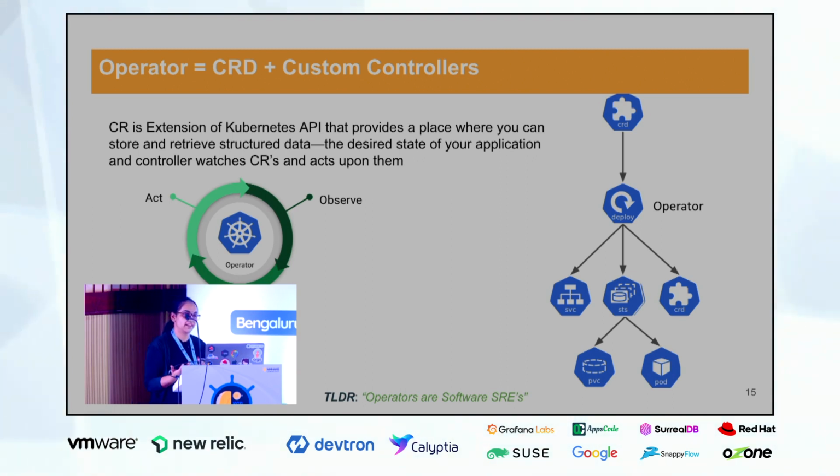Similar to how you define a pod manifest, and the pod controller takes care of deploying the pod for you in Kubernetes. But in the case of a custom application, Kubernetes doesn't know what your application is or how it should respond to changes. For that we need to create a custom controller. So in short, you can say operators are software SREs.